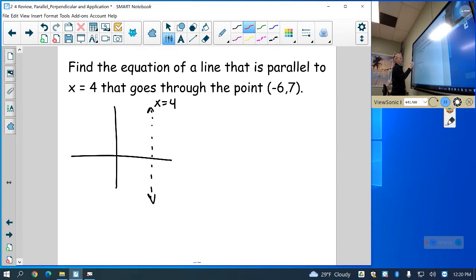So that's going to be over here somewhere. And to be parallel, it also has to be a vertical line, like this. What is the equation of that vertical line? Well, you know that it has to be x equals because it's a vertical line. What does x equal? x equals negative 6.